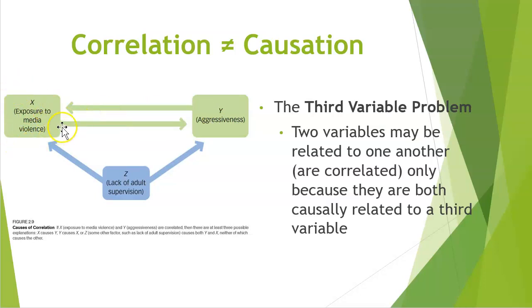However, exposure to media violence does not cause aggressiveness. Similarly, aggressiveness does not cause exposure to media violence. However, variable z causes both. Okay, so that's how the third variable problem works.